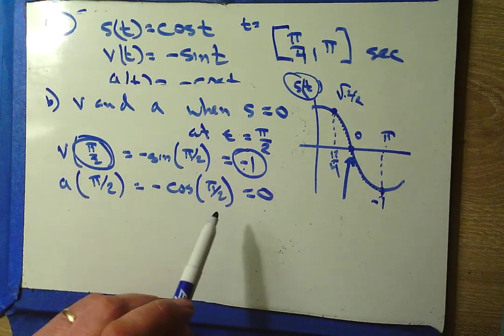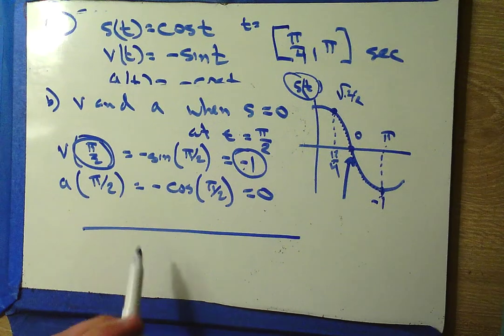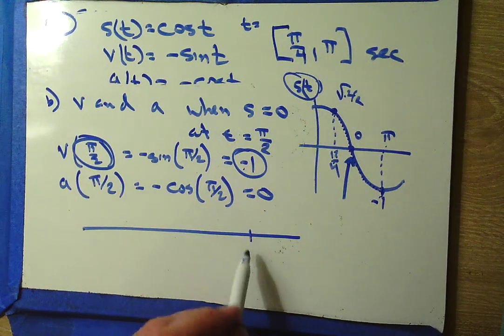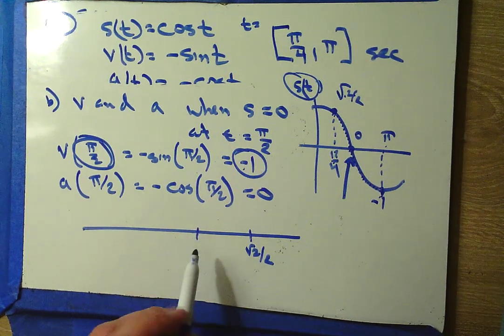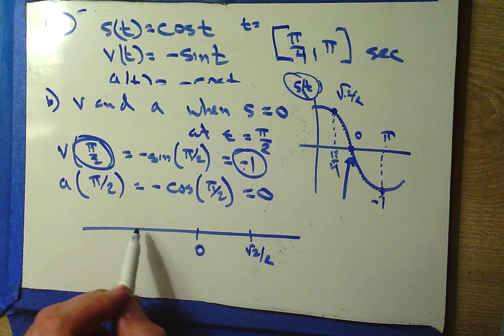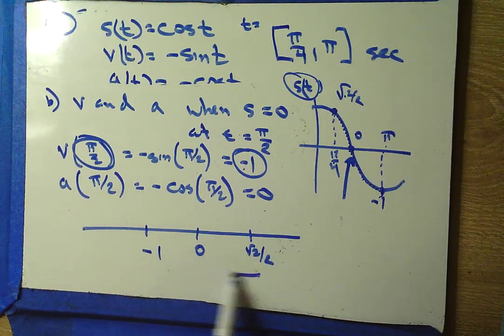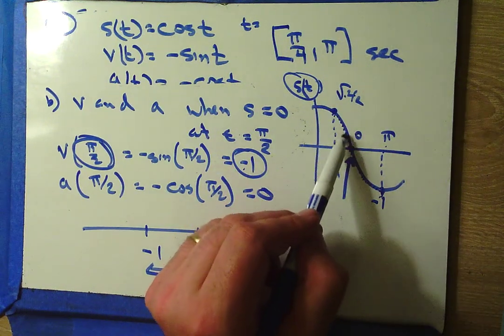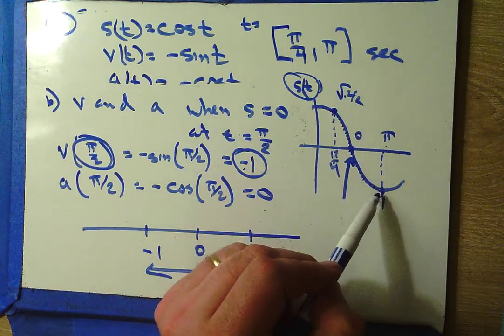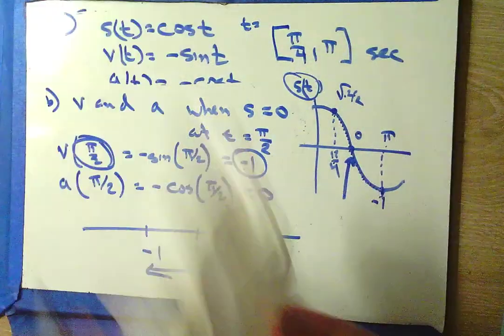And remember that first horizontal line I drew, where at time equal to pi over 4, we had a location of root 2 over 2, and at pi over 2, we had a location of 0, and at pi, we had a location of negative 1. This object has been moving constantly to the left, and these negative slopes tell me the object is moving to the left.